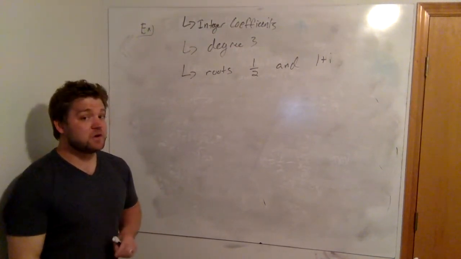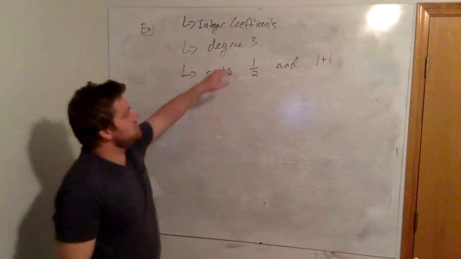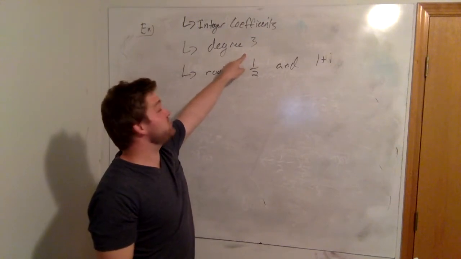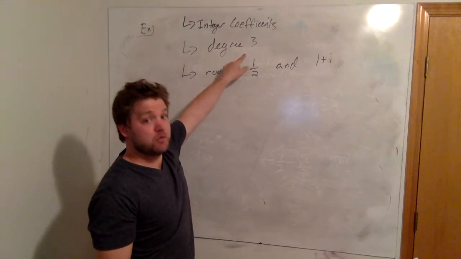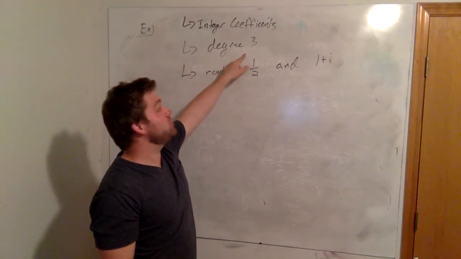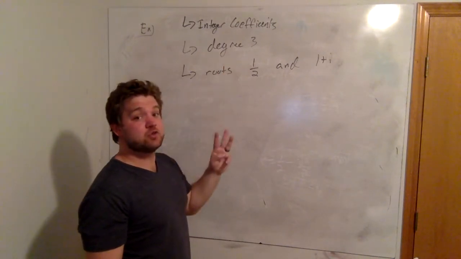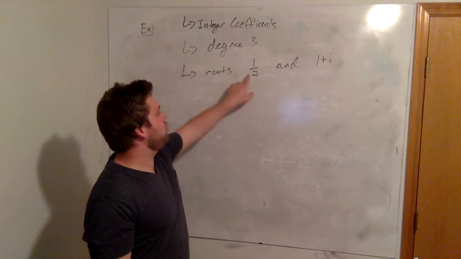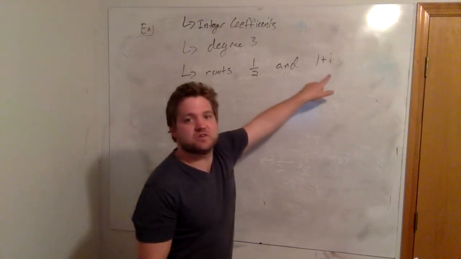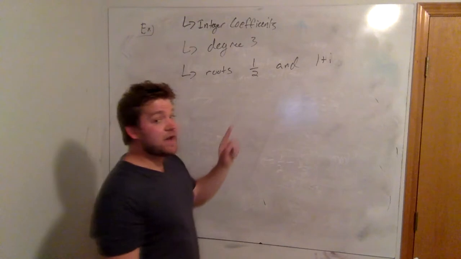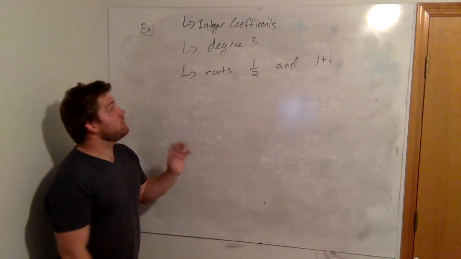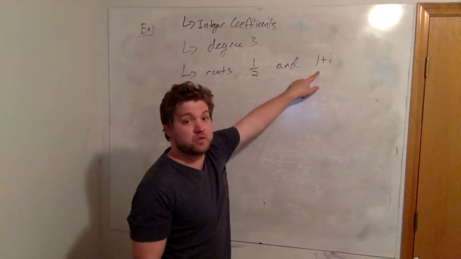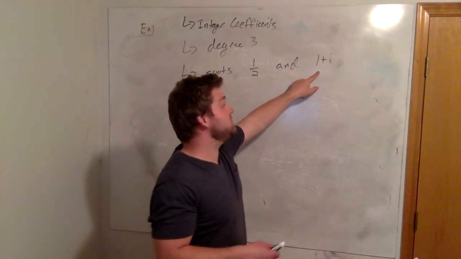The first thing I want to notice here is that it's a degree 3 polynomial. So what does the fundamental theorem of algebra tell us about a third degree polynomial? A third degree polynomial has to have 3 roots. Notice that it actually only gave me 2 of the roots. But we have to remember something: if I have a polynomial and it has a complex number as one of its roots, what tags along?